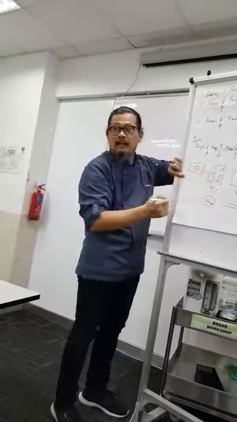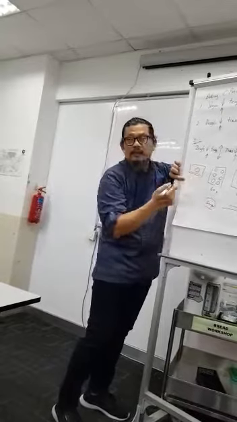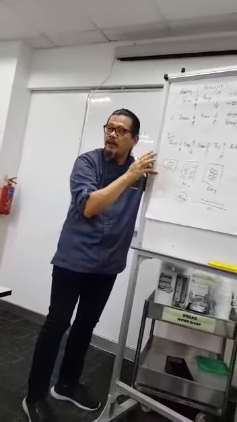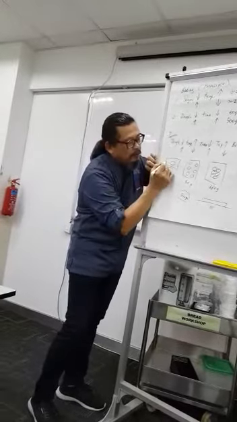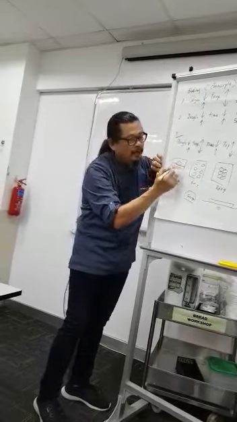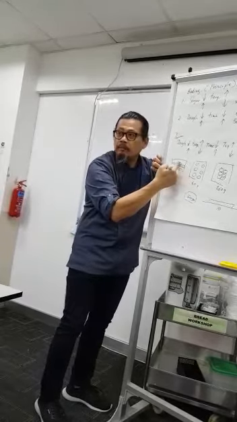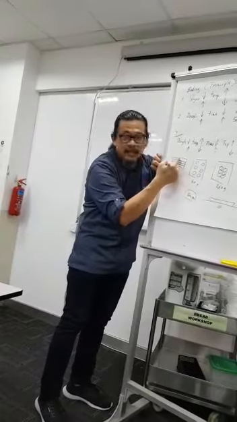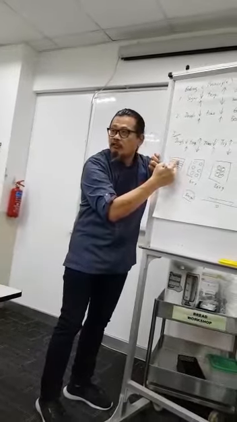If your blower is here, if you bake here, you have very little bottom heat, a bit of top heat. If you put here, you have very strong top heat, less bottom heat. If you put in the middle, the bottom heat and the top heat are both strong. If you put here, top heat is less, bottom heat is very strong.